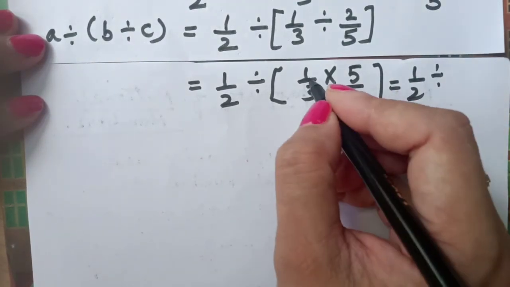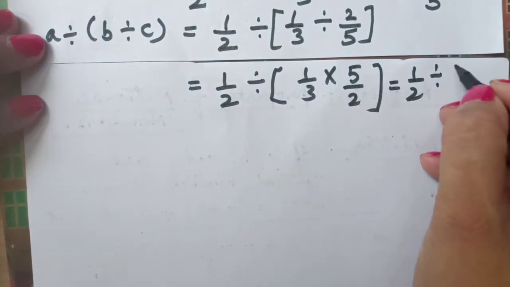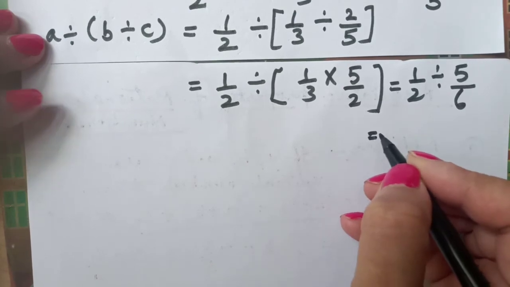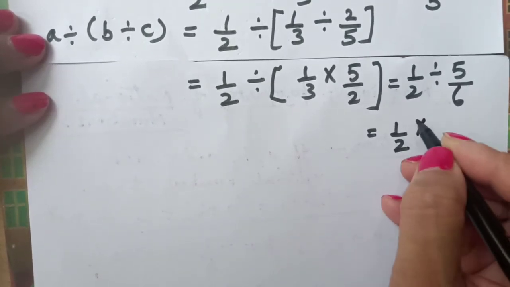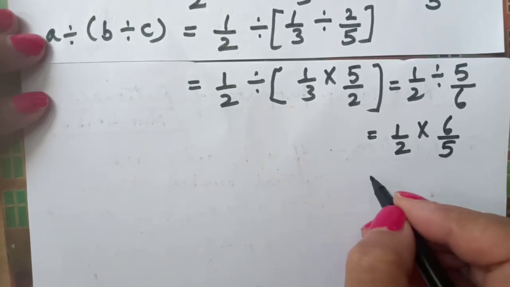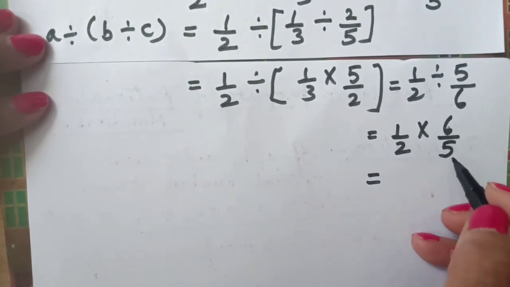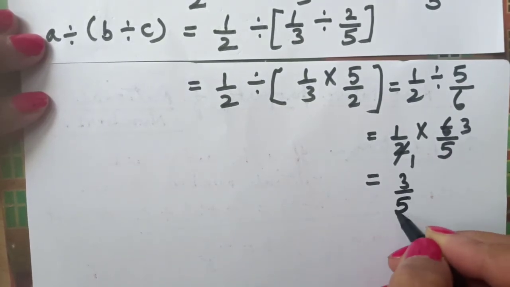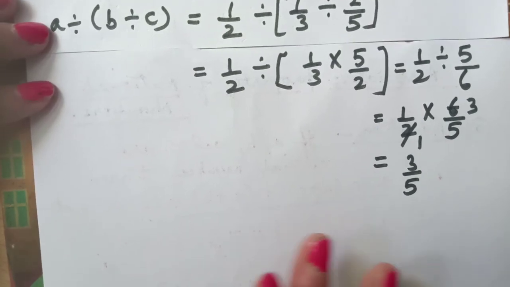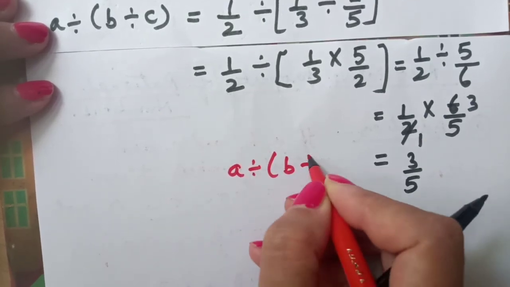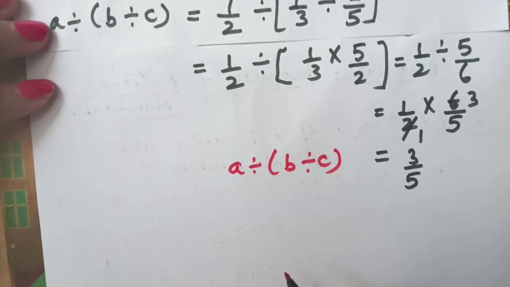Nothing is cancelling in this, so just multiply: 1 times 3 is 3, 2 times 1 is 2. That gives 3 by 2, divided by 2 by 5. Again we will convert it into multiplication by reversing the value into 5 by 2. 3 times 5 is 15, 2 times 2 is 4. So we can say that (A ÷ B) ÷ C is equal to 15 by 4.